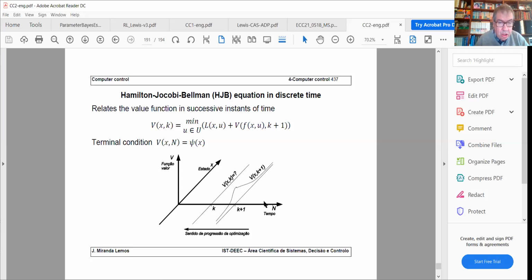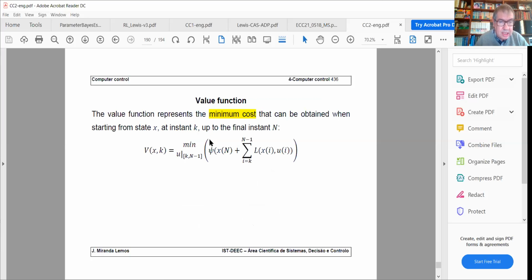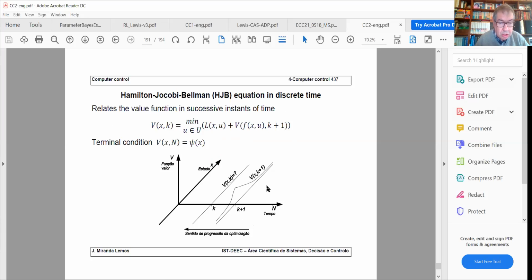You can do this because you start at the end, and at the end, the final value is, say, 0, because you don't have any terms, or if it is not 0, it's this terminal cost here. But you don't have any decisions, then you consider N minus 1 and then N minus 2 and so on, and you go on computing this backwards.